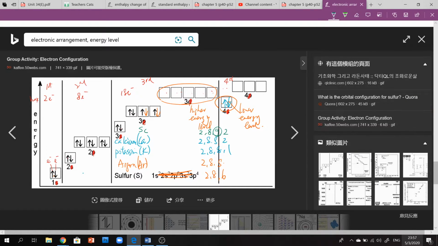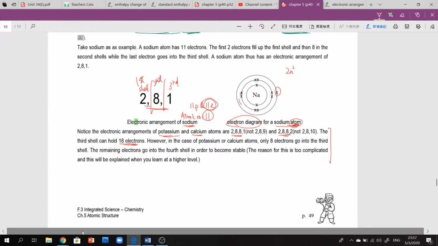It is a little bit out of the syllabus, but don't worry. You just appreciate what it is. If you do not understand, don't worry. You just treat potassium and calcium as very special cases. It's not 2, 8, 9, it's 2, 8, 8, 1 for potassium, and for calcium, it is 2, 8, 8, 2. The two special cases.